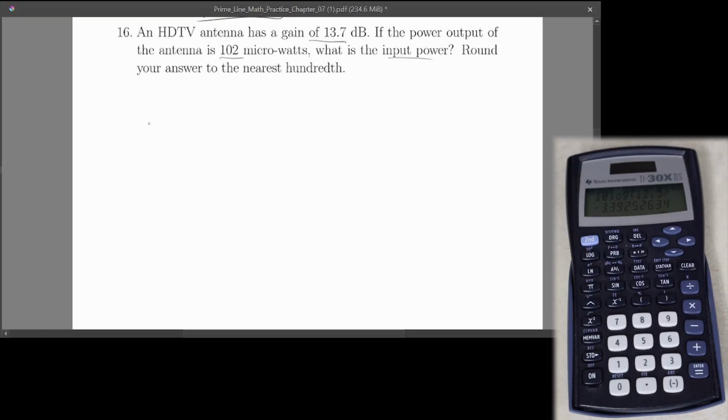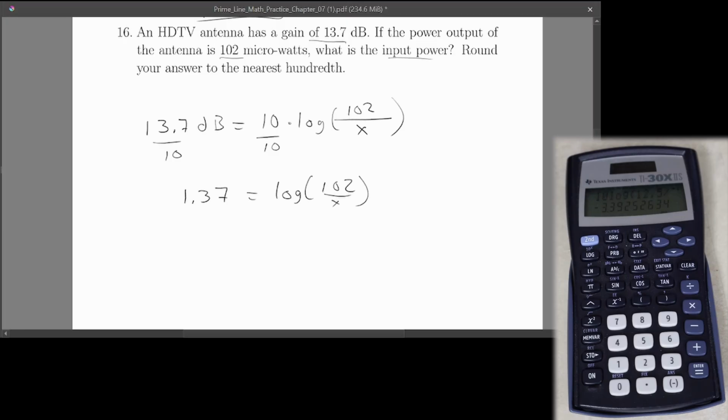So we're going to write our equation: 13.7 decibels equals 10 times the log of the output, so 102, over the input, and I'm going to call it x, and we are going to solve for this. We're going to divide both sides by 10, so we get 1.37 equals log of 102 over x.